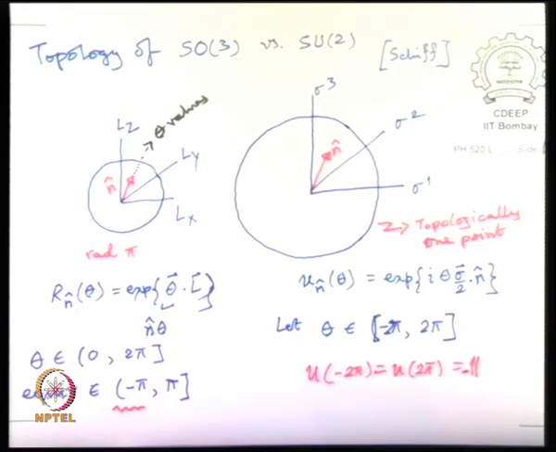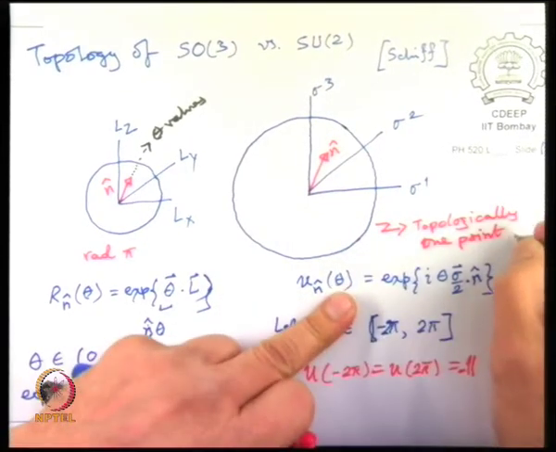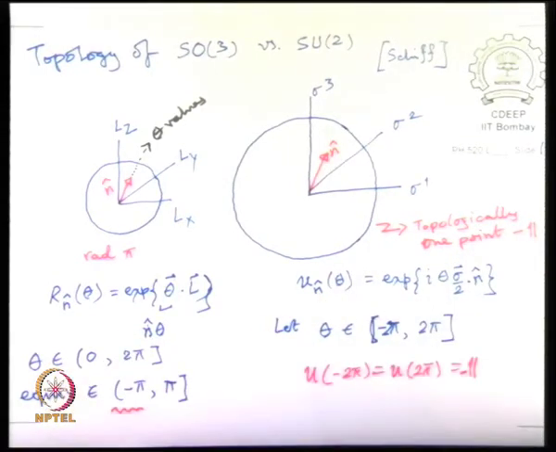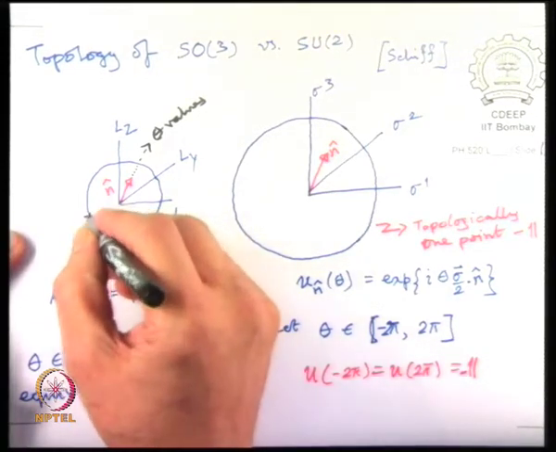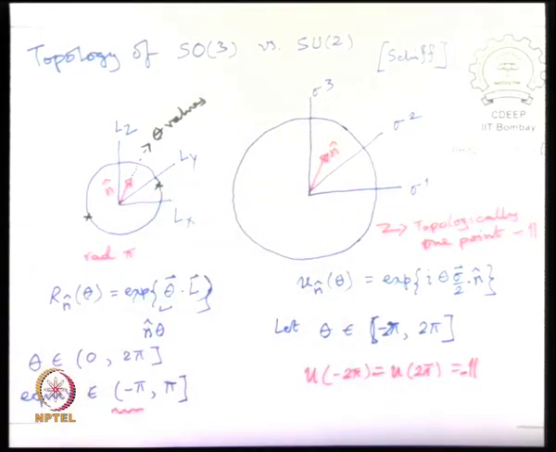The identity is at the origin, and the outer sphere is topologically the same point, minus the identity. On the SO3 space, the antipodal points will be corresponding points, and you have to leave out one of them.